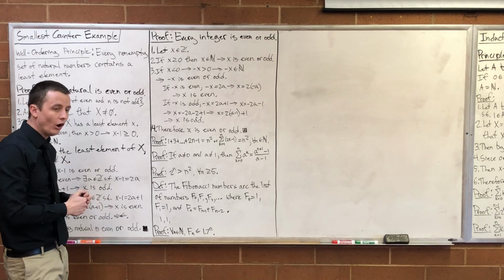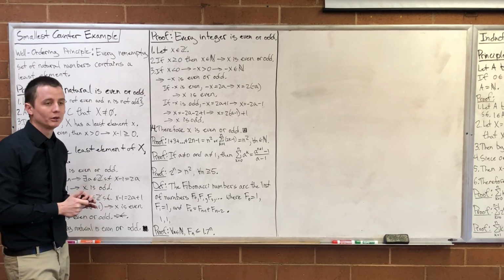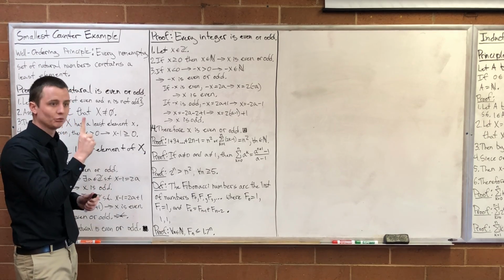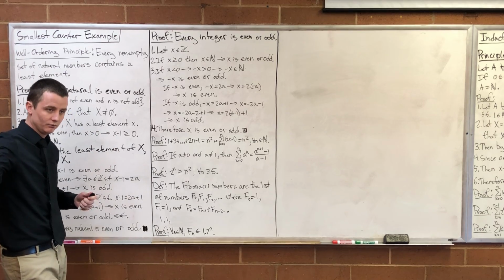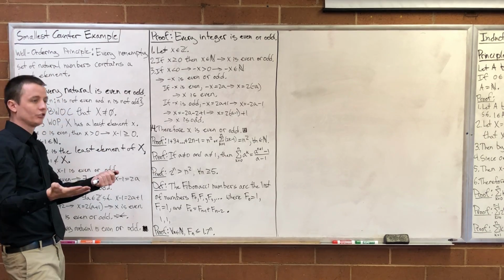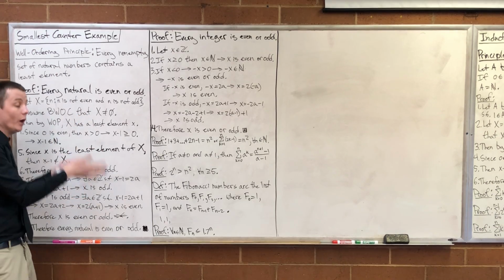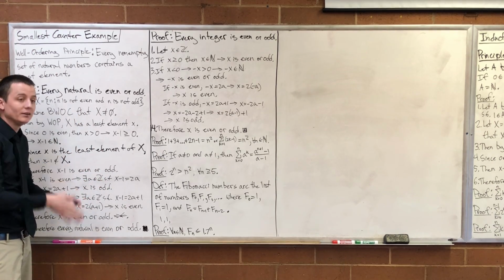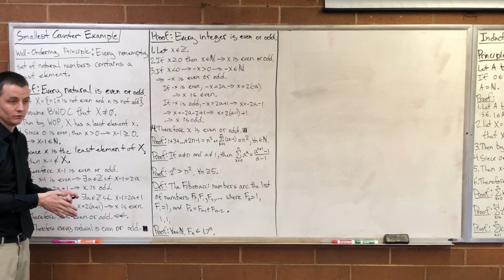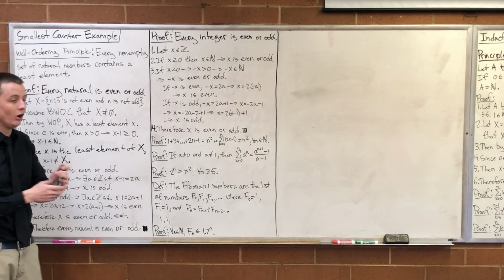If I say it's false that every prime number is odd, then there has to be at least one prime number that's not odd, right? So if I say an assertion about all the natural numbers is false, there has to be at least one natural number that makes the assertion false.